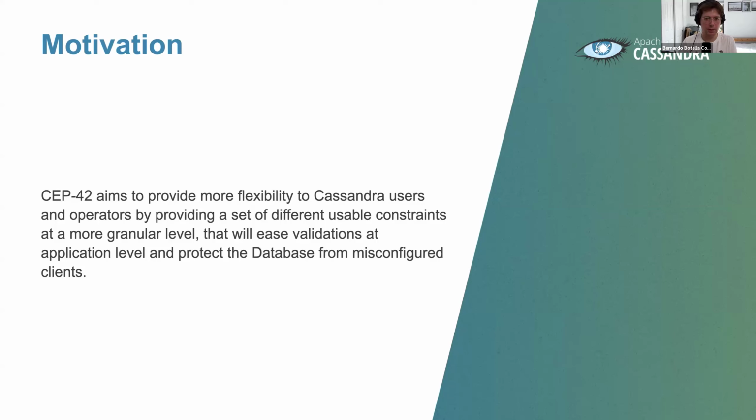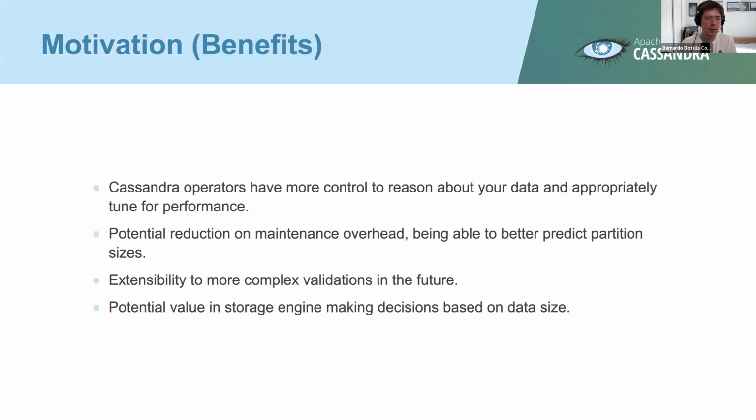I will show you more examples later on of what this means. This would probably ease validations at application level, and I will also show some examples of how this can be useful. And it will also protect the database from misconfigured clients. By misconfigured clients, I mean customers trying to store a 200 megabyte image in a row, which you want to prevent from happening.